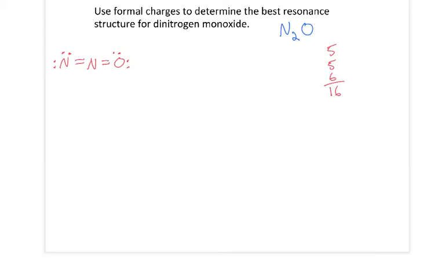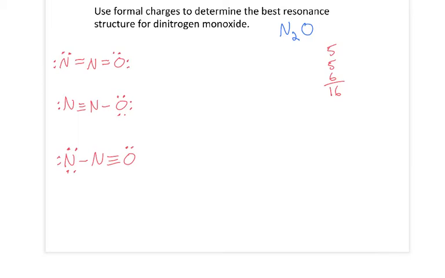So I can do a double bond on each side, kind of a symmetric looking one. I could do that resonance structure, or I could do that resonance structure.